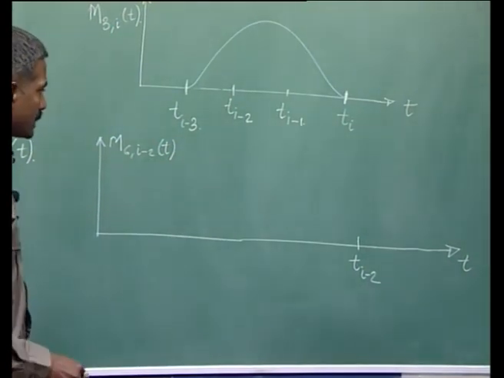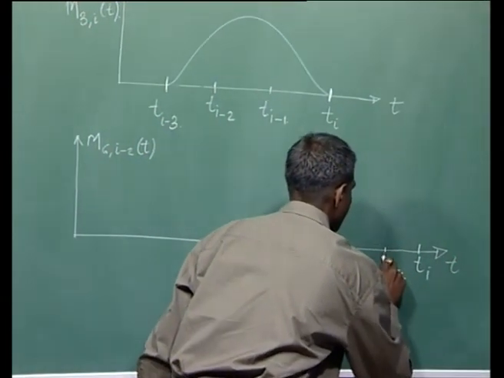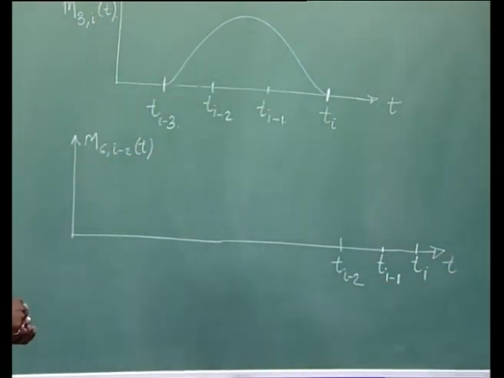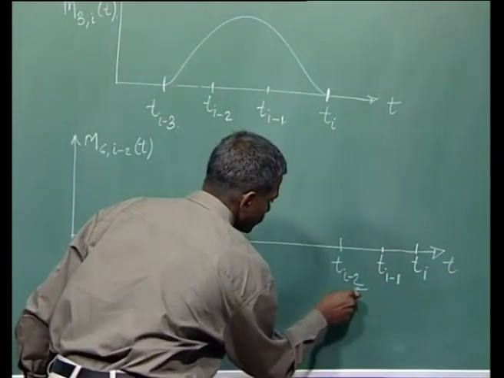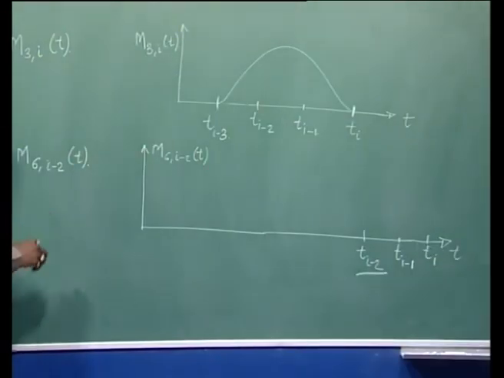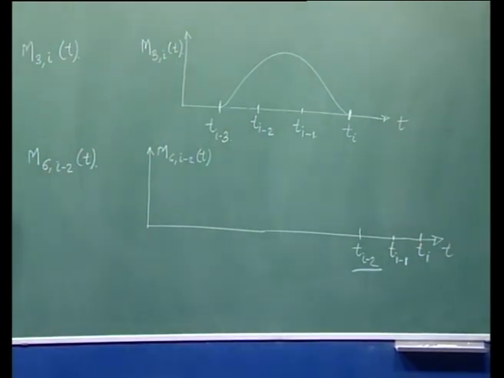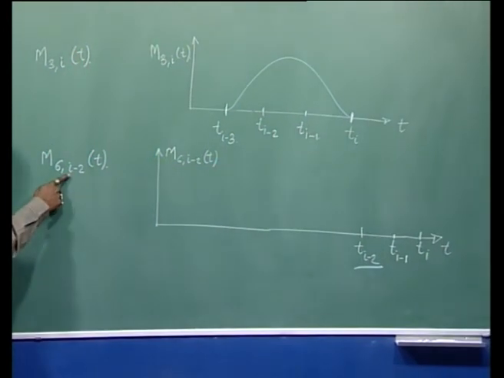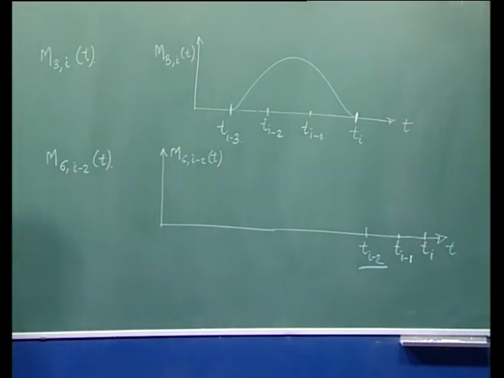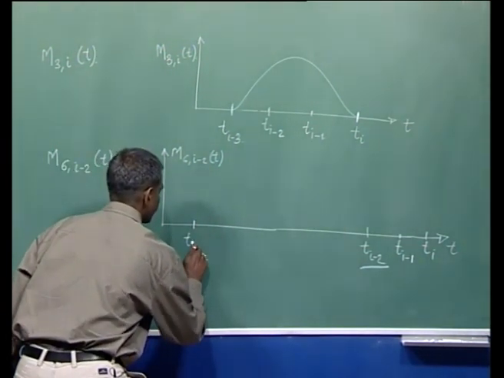Let me give you a little perspective here. I'll also plot t_i and t_(i-1). But this would be the knot which would be important for me at this time. How about the first knot? This would correspond to t_(i-2-6), which is t_(i-8). Let me plot this here.